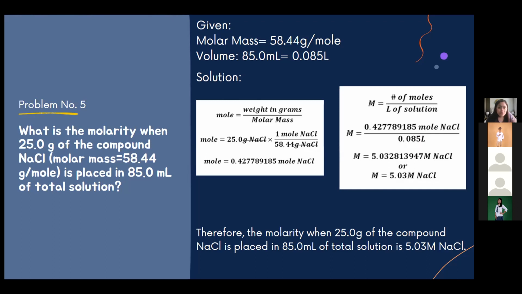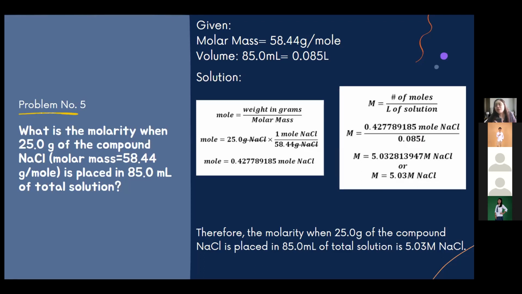But the liters of the solution is given in ml, so you just convert it. Always remember, our conversion unit for one liter is 1,000 ml. So that's why it became 0.085 liter. So divided by 0.085 liters, yes, the answer is 5.03 molar of NaCl. So, isn't NaCl a stable salt?